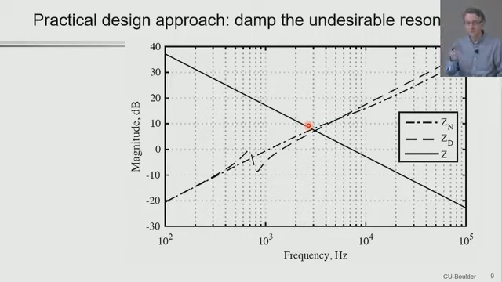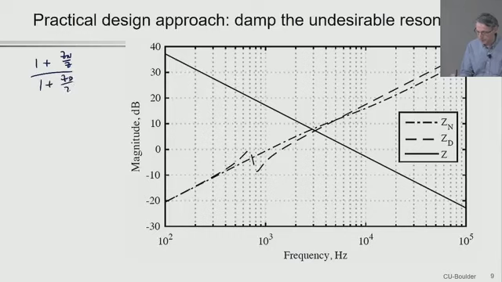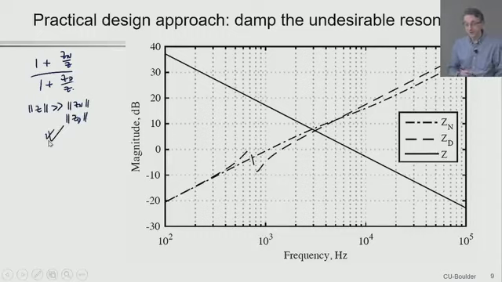So we have 1 plus Zn over Z over 1 plus Zn over Z, 1 plus Zd over Z. So you can say, well, if I could make the magnitude of Z much larger than the magnitude of Zn or the magnitude of Zd, I would be just fine, right? That's one strategy.